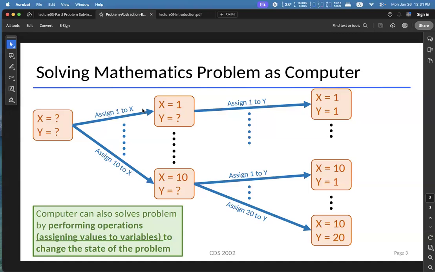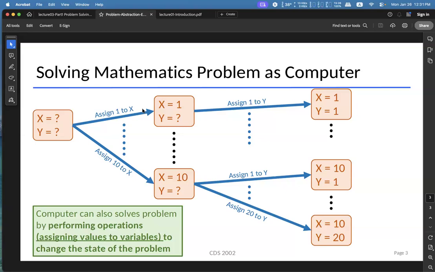So for computers, we just let the computer try out values of X and Y. The state of the problem becomes the values of X and Y rather than the configuration of the equations. So the state of the environment can be different if you use different kinds of approach to solve the problem.